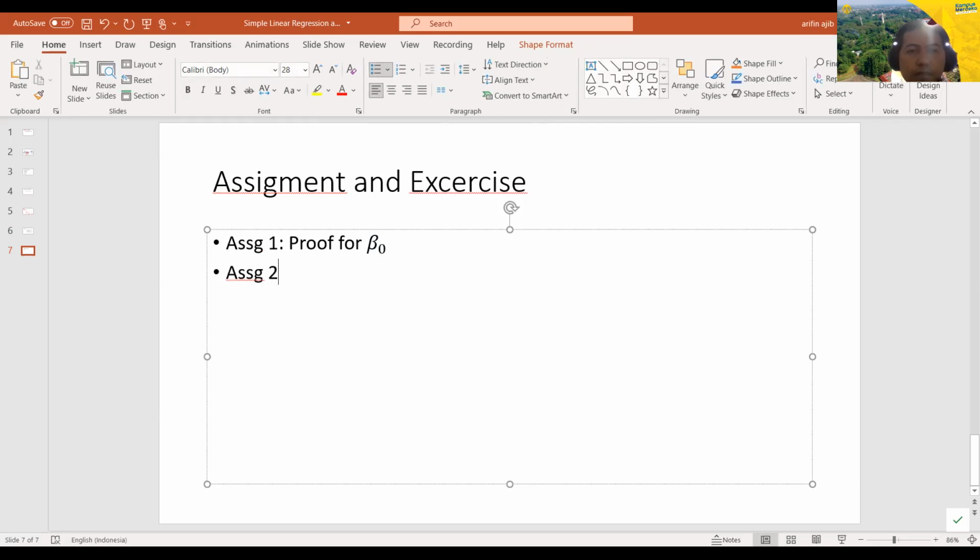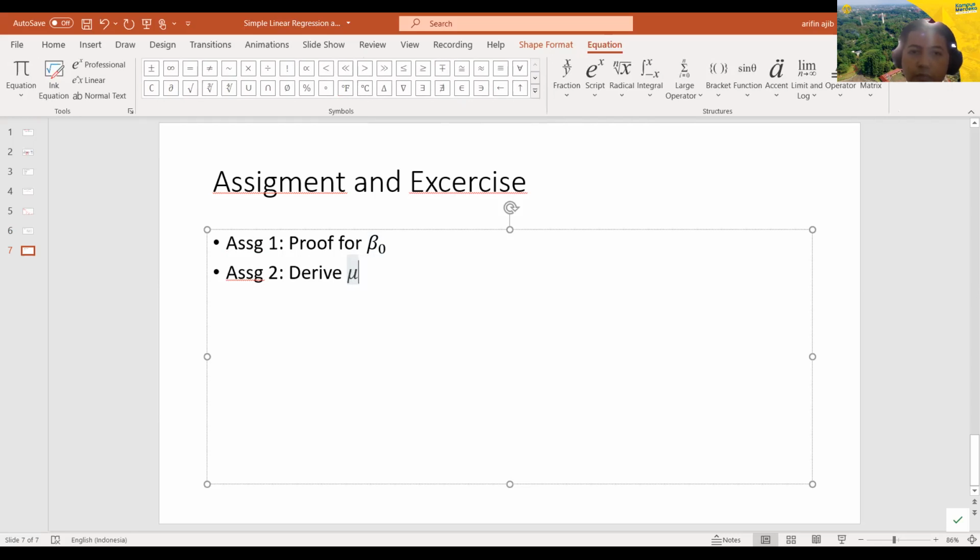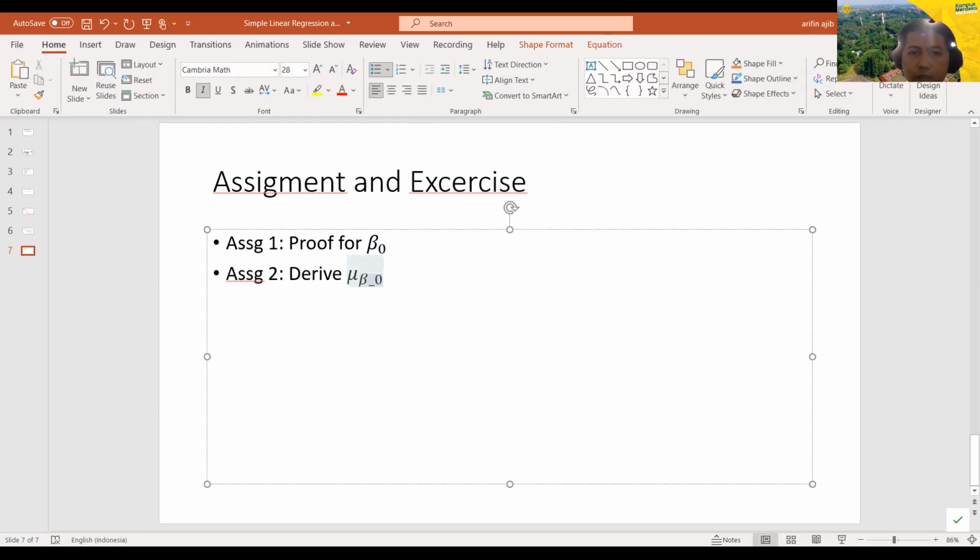And assignment 2, derive the mu beta 0 and sigma beta 0, and the exercise from the previous slide.